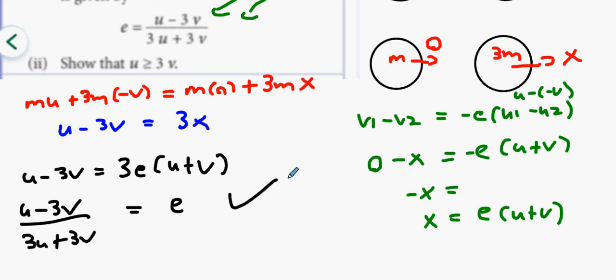Now, show that u is bigger than 3v. What do you understand about the e value? Any idea what e actually means from a practical standpoint?